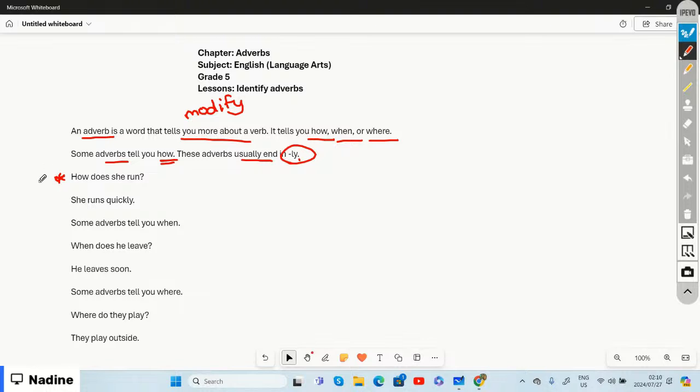And then we can say she runs quickly. So runs is our verb, but our adverb that tells us more about the verb is quickly. It tells us how she runs. So quickly, and as you can see, quickly ends with an ly.